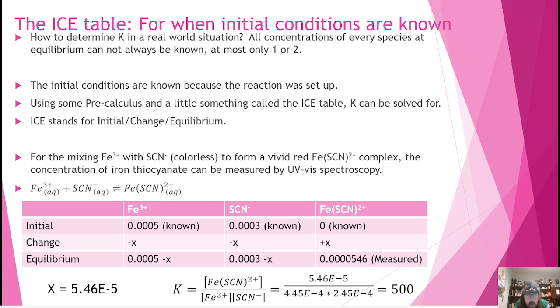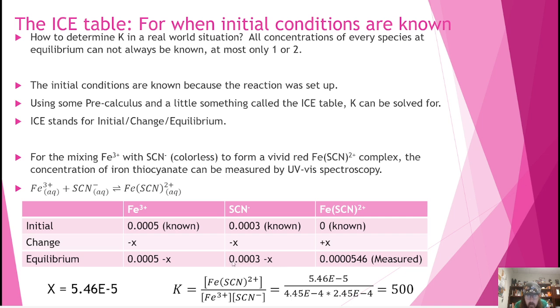So products over reactants. Pretty easy. If we know the concentrations initially, and we measure the concentration of iron thiocyanate, it is equal to x, because 0 plus x is just x. So if we know the concentration of iron thiocyanate, we can figure out the thiocyanate at equilibrium.